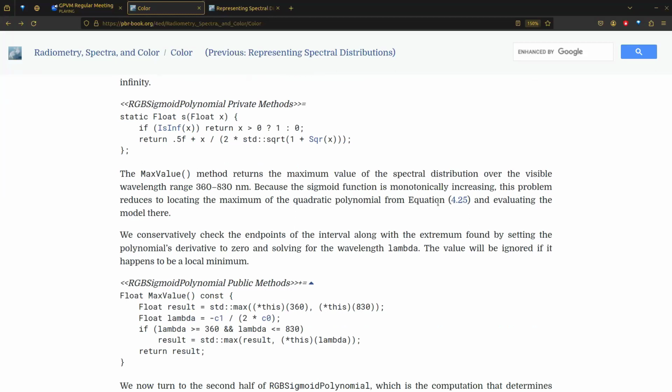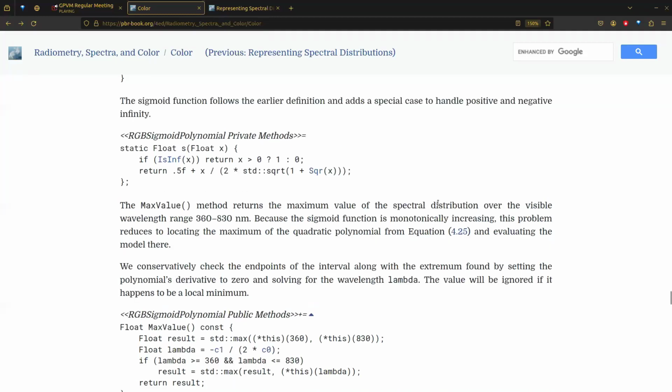The max value method returns the maximum value of the spectral distribution over the visible wavelength range from 360 to 830 nanometers. This is because the sigmoid function is monotonically increasing. The problem reduces to locating the maximum of the quadratic polynomial from 4.25 and evaluating the model there. So it's max value. Okay, so it's like at a positive infinity kind of thing.